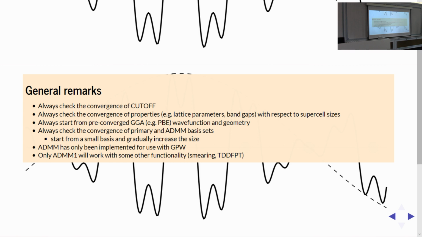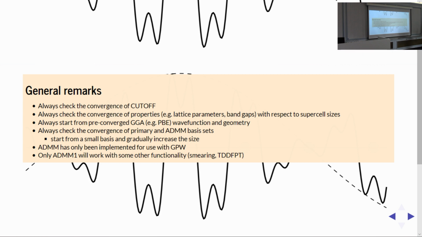You'll be able to carry that over into the hybrid calculation, and then restart your calculation from a converged GGA calculation that you've checked the wave function's okay for and everything is okay. Then introduce your ADMM and check that your ADMM basis is good enough. I think rigid rules in these senses are not very helpful. You need to decide what properties you want to calculate and check that it's not very sensitive to the basis set you're using.